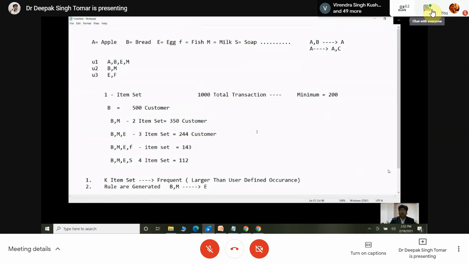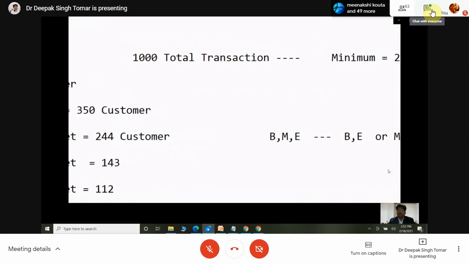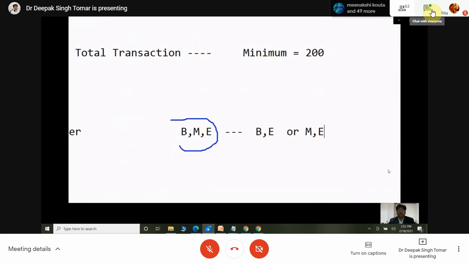If its occurrence is 244, which is larger than the threshold, then any subset, if we take M and E, is also frequent. So if the superset is frequent, its subset is also frequent.